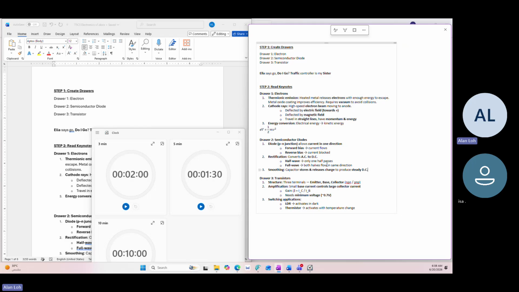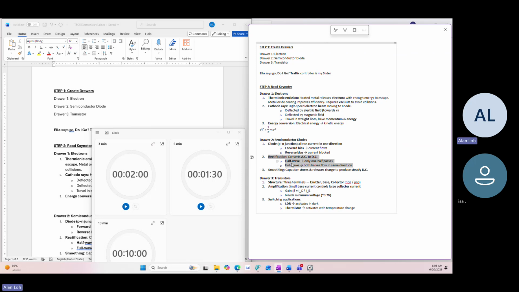Then let's break down drawer 2, semiconductor diode. So you have forward bias, you have reverse bias. This PN junction, don't worry about it right now. You're going to know it in more detail as we go along to step 3 and step 4. Then you have the conversion from AC, alternating current, to DC, direct current, right?